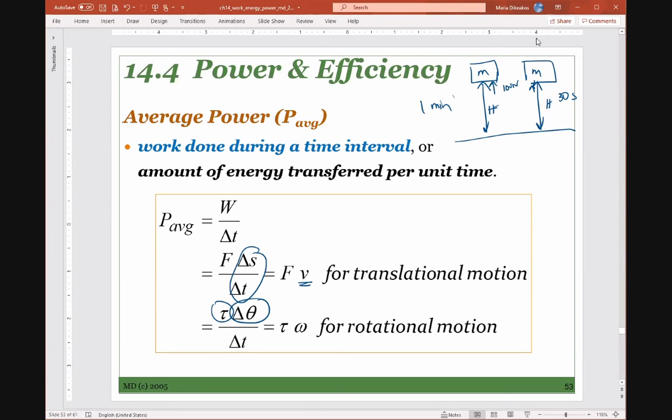So instead of force, torque; instead of linear displacement, angular displacement over time. And delta theta over delta t is omega. So it can also be calculated using the torque and the angular speed of the object involved.